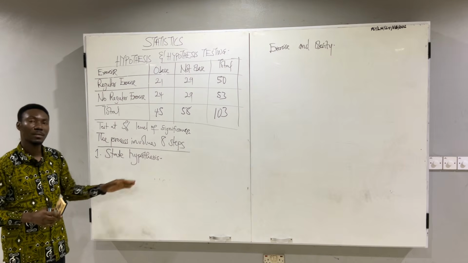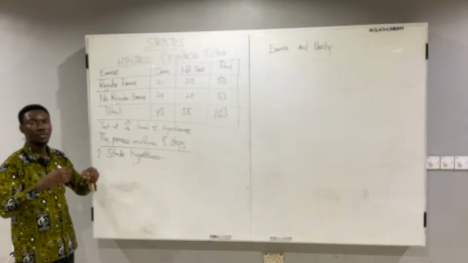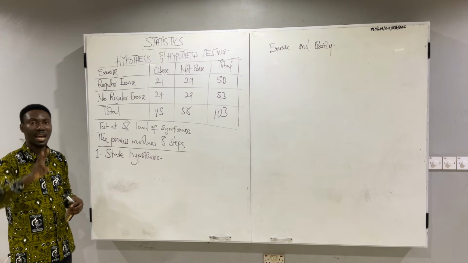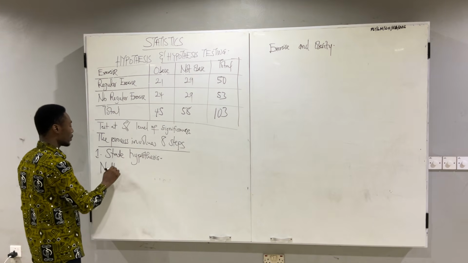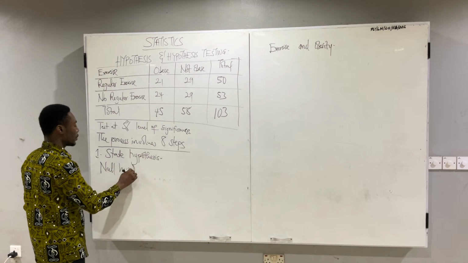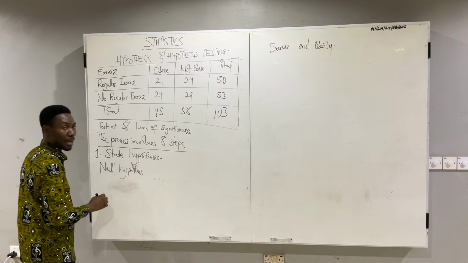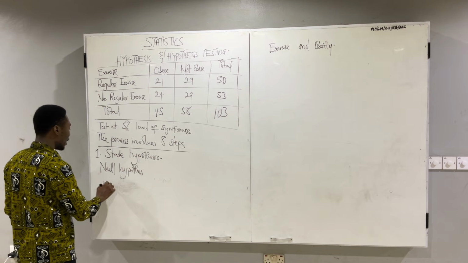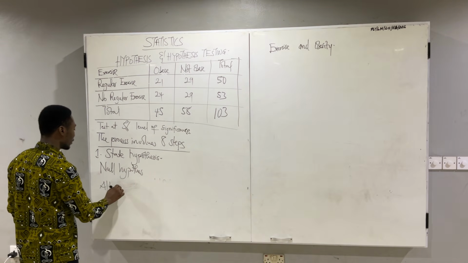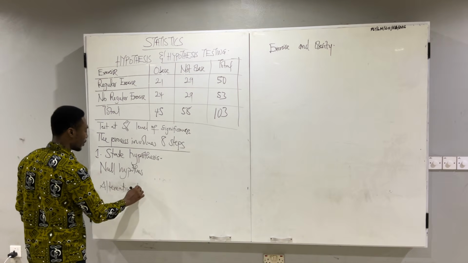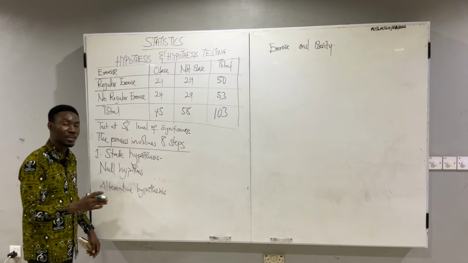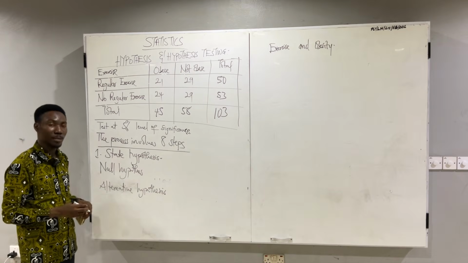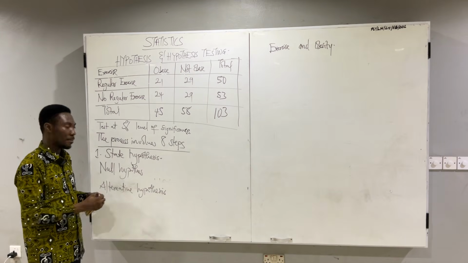Step one, you state your hypothesis. How do you state the hypothesis? We learned that we have two hypotheses. So you write the null hypothesis, then the alternative hypothesis.